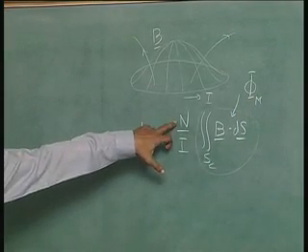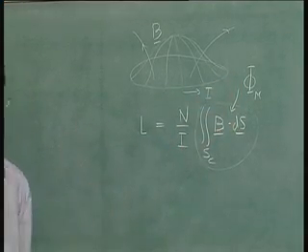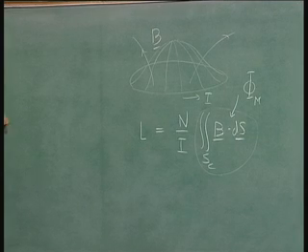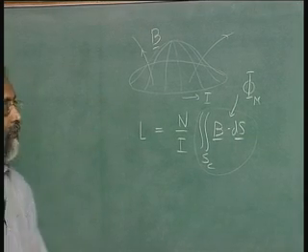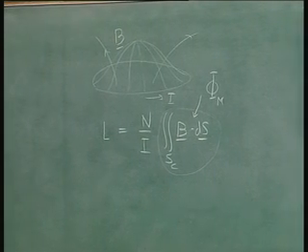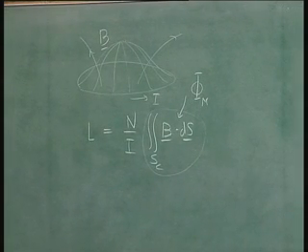So, the number of turns times the magnetic flux divided by current. Now, we did calculate inductance for several simple cases. Now, what I am going to do is to take one of those cases and look at it in a little more detail.